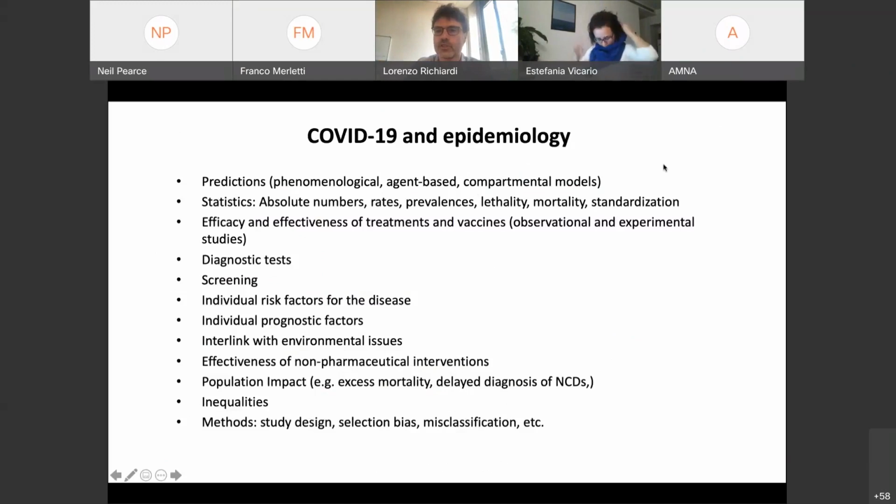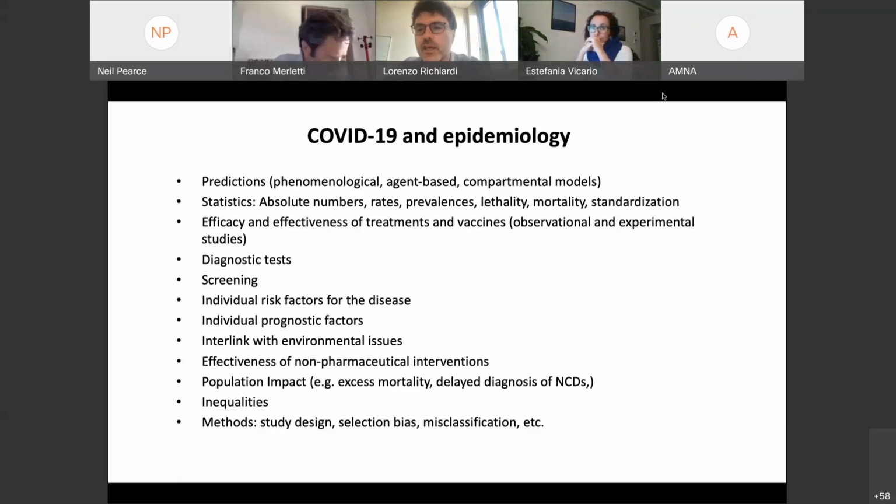We have to mention it because it really shaped epidemiology in the last year. It shaped everything, actually. But when it comes to epidemiology, we know that every single aspect was affected by COVID-19.